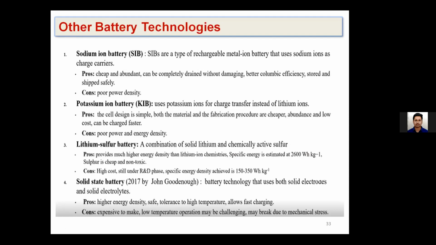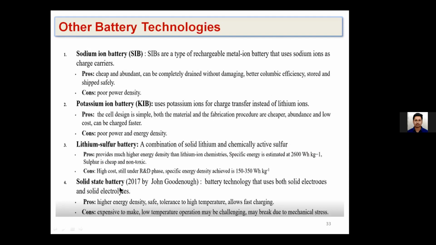We want a compact size and more energy density for EV applications, but these two technologies are not capable of that. Lithium sulfur battery has also shown some potential, as sulfur is cheap and non-toxic, but again it's costly. So research is still going on with this particular technology.